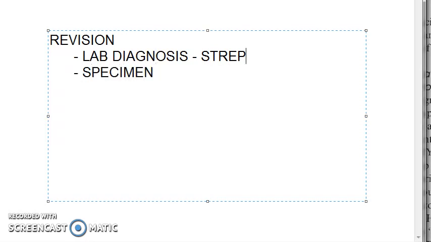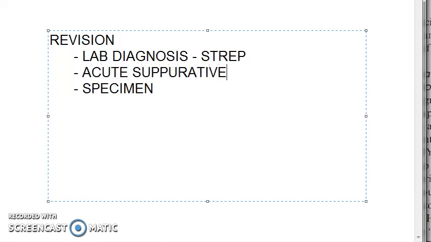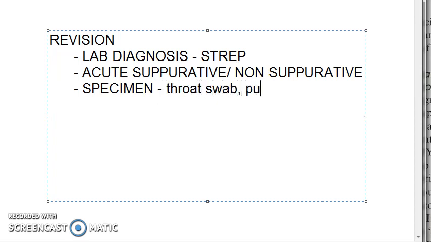Basically if it is acute suppurative or non-suppurative infections, then the specimen and lab diagnosis will vary. We have started with acute suppurative. In that, specimen will be throat swab or pus or blood from the site of lesion possibly.